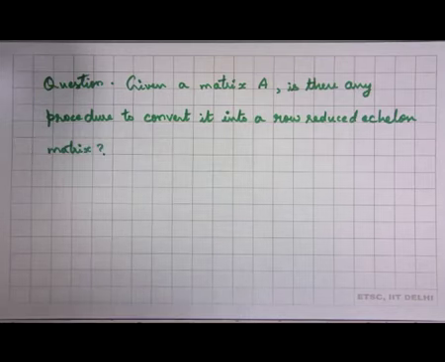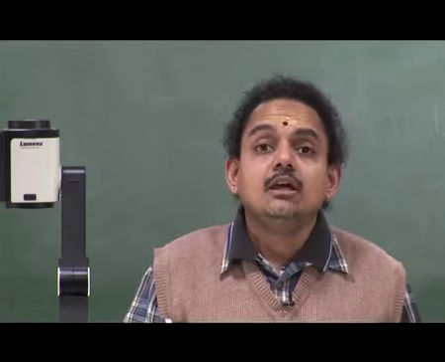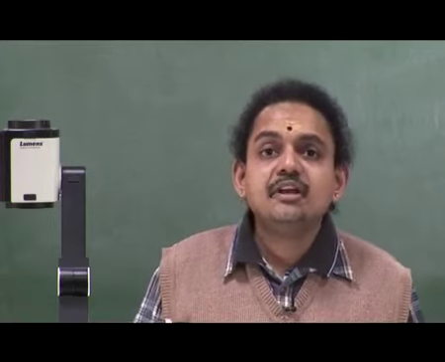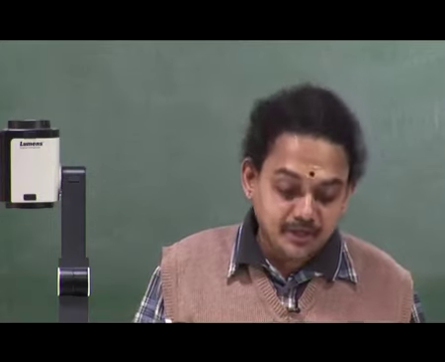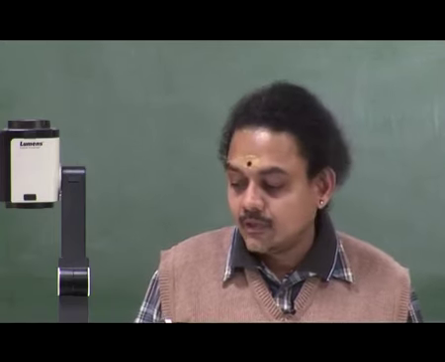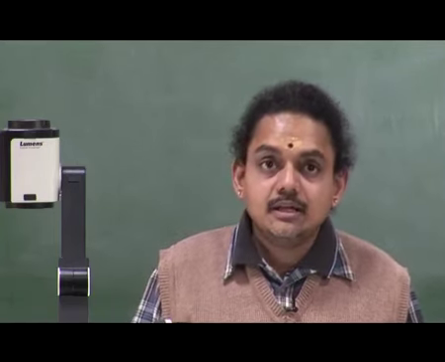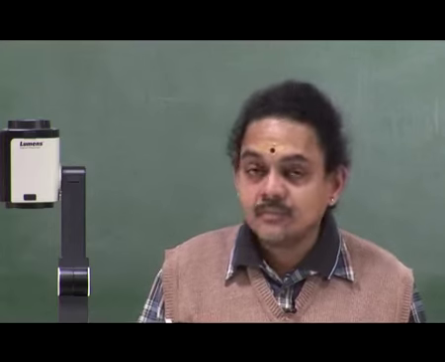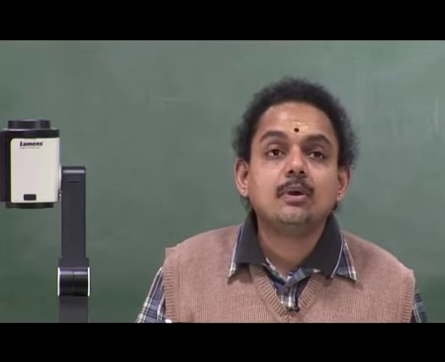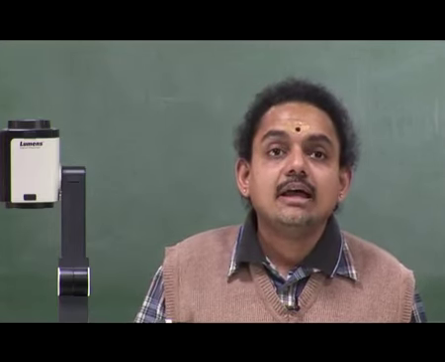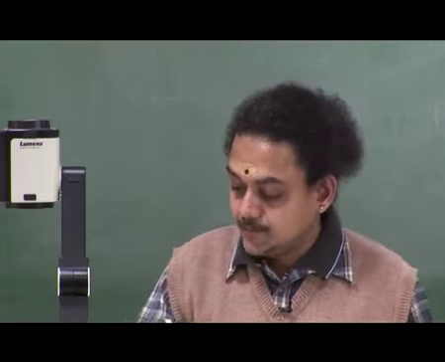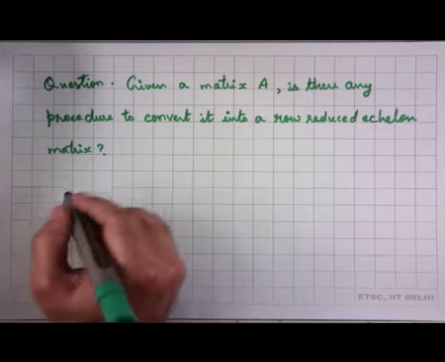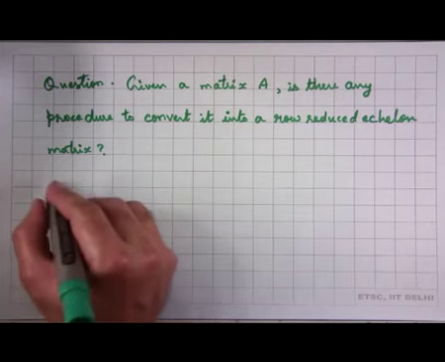This is the question. So, let me repeat the question: given a matrix A, is there any procedure to convert it into a row reduced echelon matrix? Yes, there exists a procedure, and the procedure is to apply what are known as elementary operations, or row elementary operations. So, let us first discuss what these row elementary operations are.